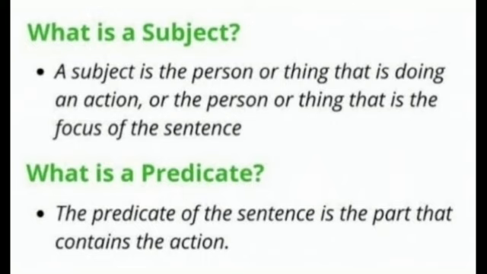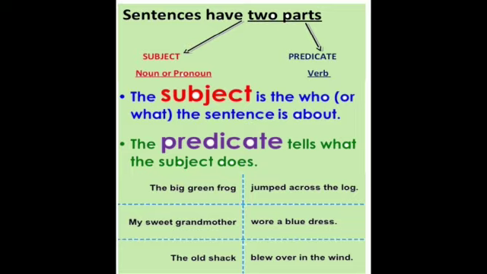Whereas, what is predicate? The predicate of the sentence is the part that contains the action, that is the telling part of the sentence, which contains verb and object.